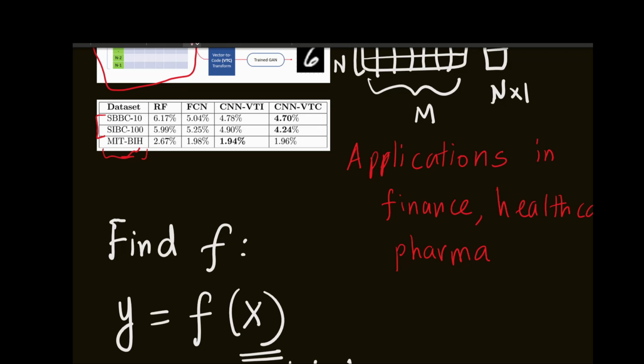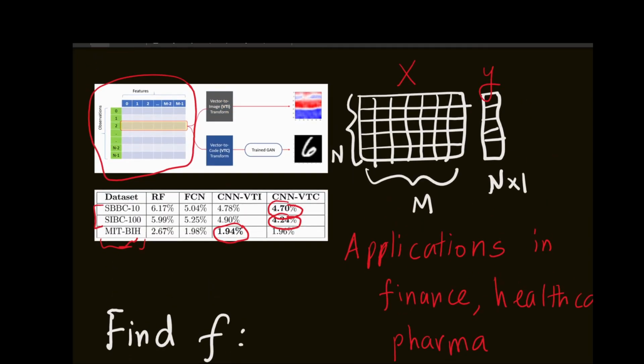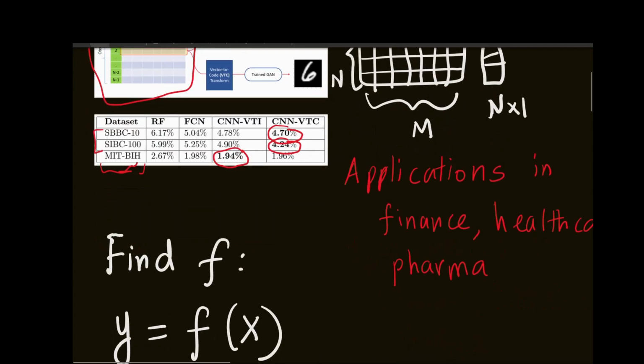In all of those datasets, the least classification error was given by CNN algorithms that were trained on the images that we generate from these tabular datasets, as opposed to random forest and a fully connected neural network that were trained directly on the tabular dataset.